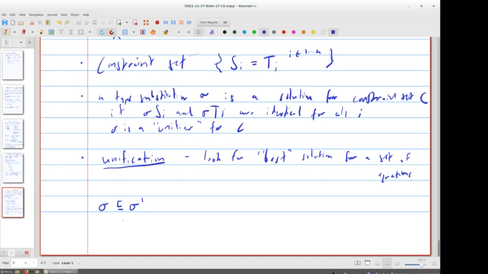You could pronounce this as sigma is less specific, or more general, than sigma prime, if there exists another substitution, I'll call it little gamma, such that sigma prime is equal to gamma after sigma.